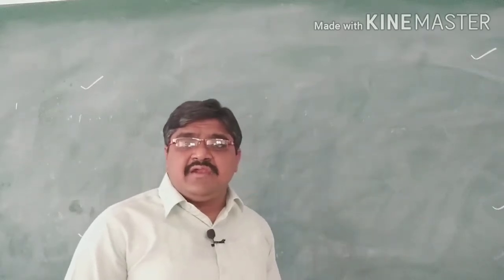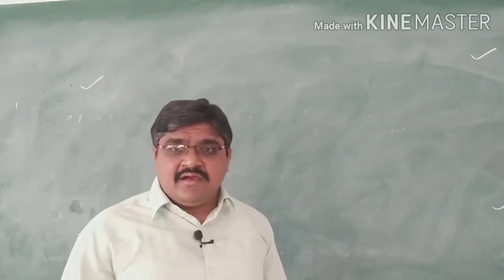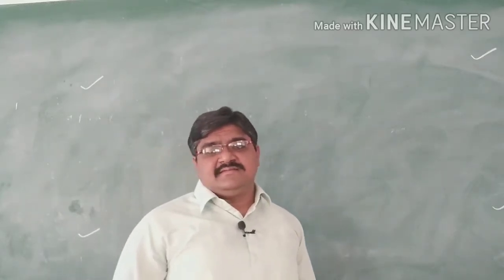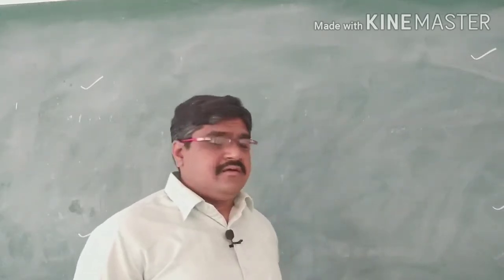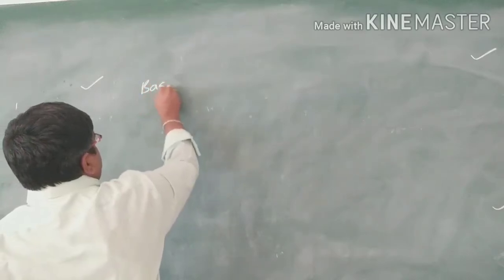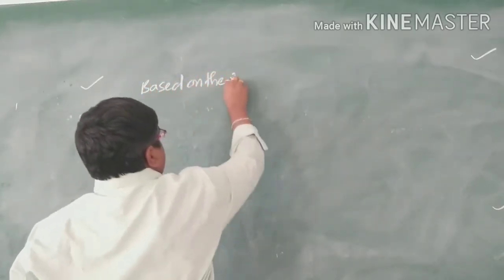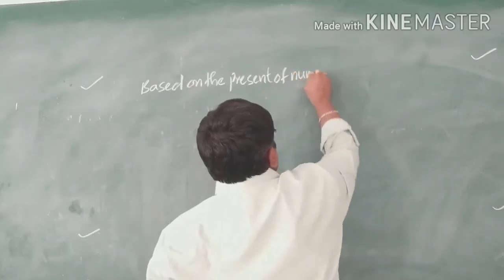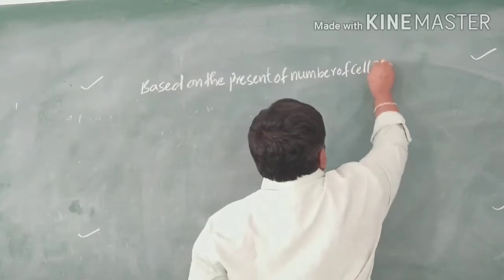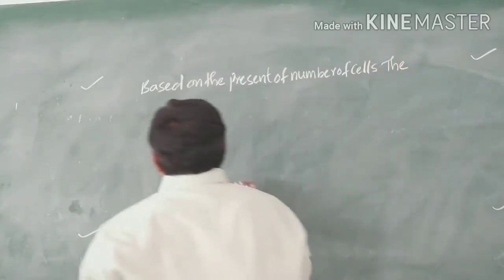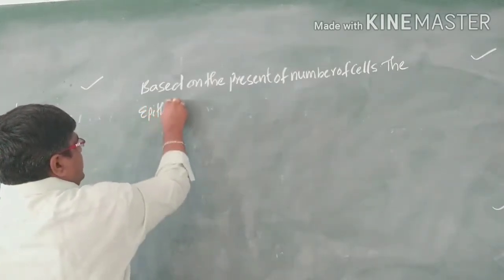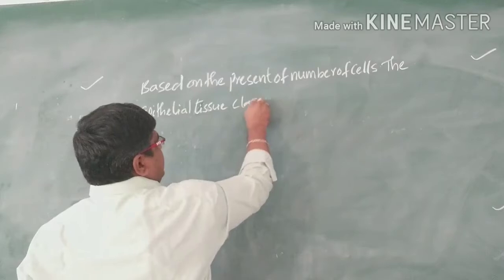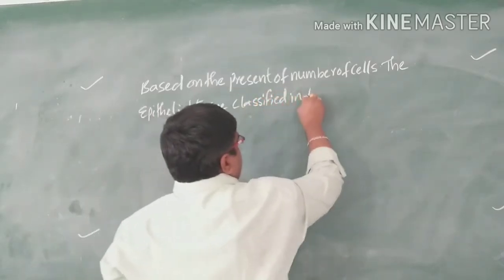Based on the number of cells on the basement membrane, the epithelial tissues are classified into two types.